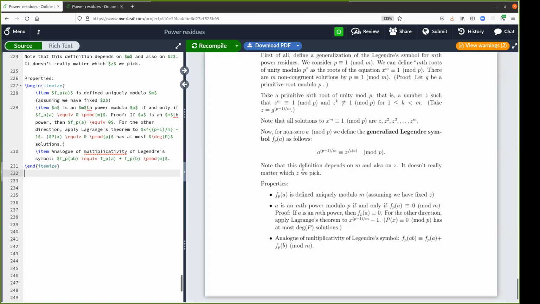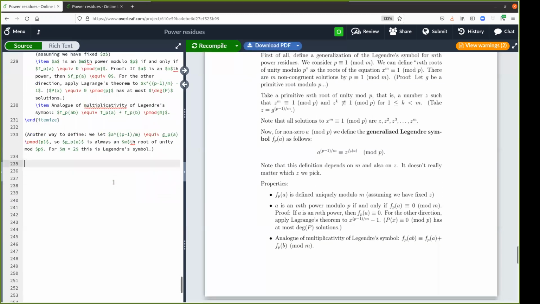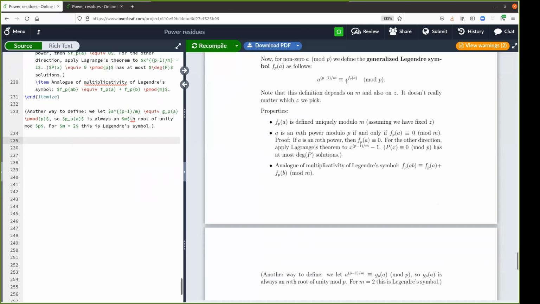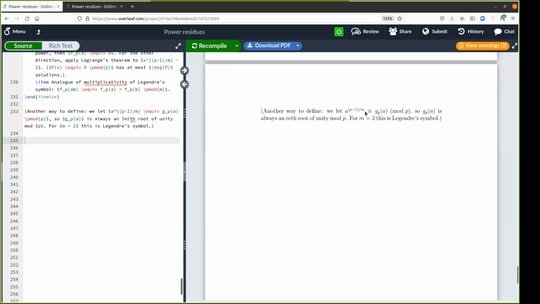What is the other possible definition? So I could have, instead of writing z to the power of f_p of a, just put that we let this expression be g_p of a.